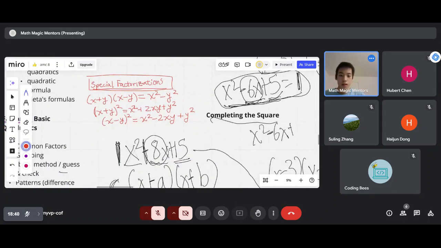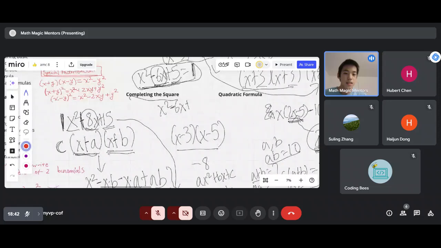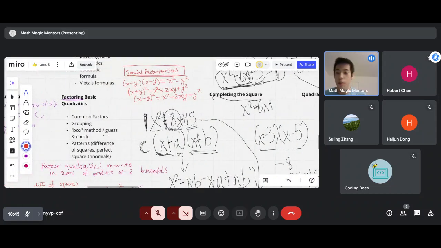All right, cool. Let us proceed with some other methods of factoring quadratics. We introduced what I call patterns; technically, they're just special factorizations that you should know. Sometimes the quadratics are really nice, and you can think of a special factorization and just apply it, and then it becomes real easy.